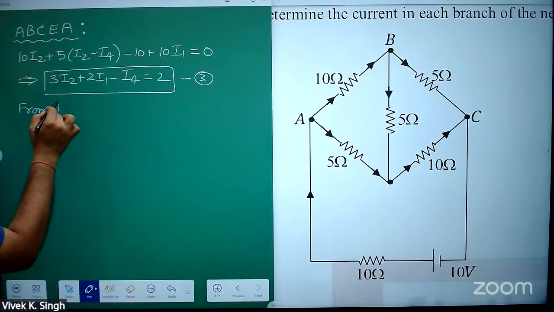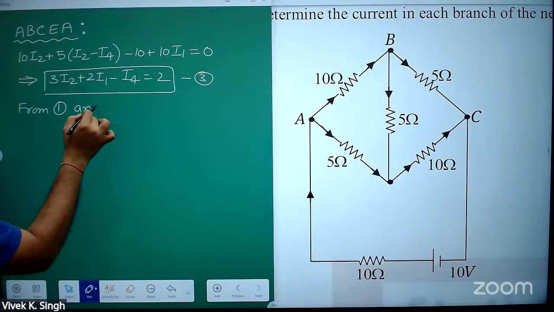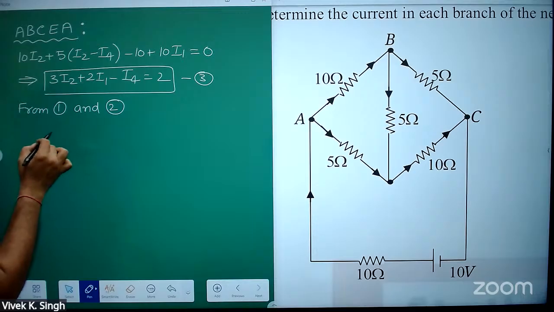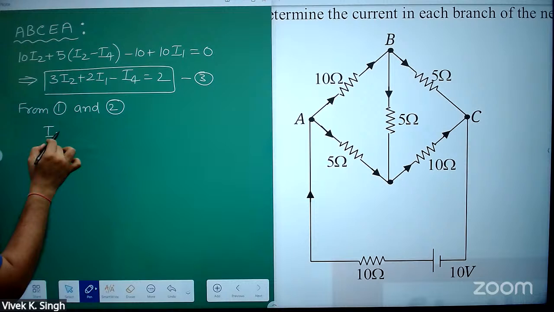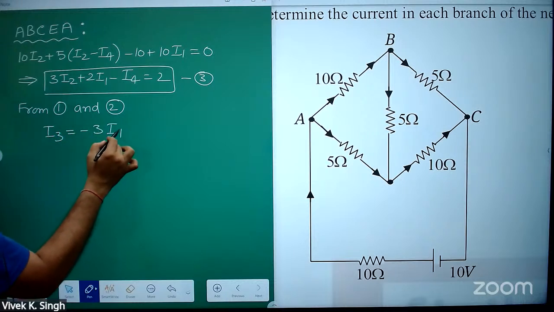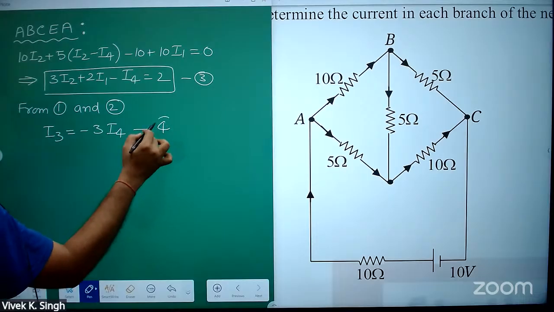So from 1 and 2, you will get this relation. I am giving you the result. You should verify. I3 is minus 3I4. This will be equation 4.